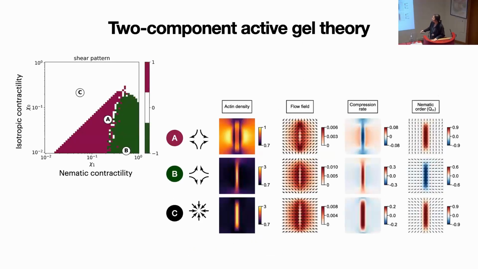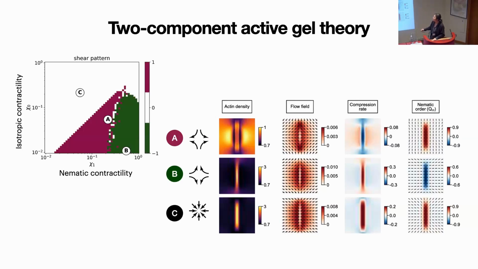So with this, we scan the parameter regimes in nematic contractility and isotropic contractility. Broadly speaking, there are three different types of patterns that we get in the system.